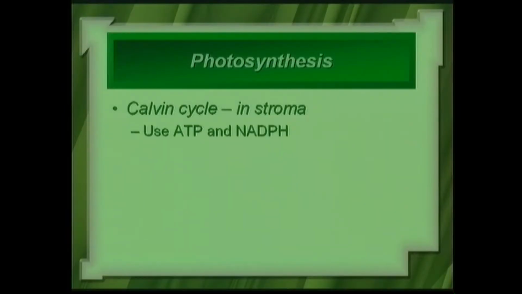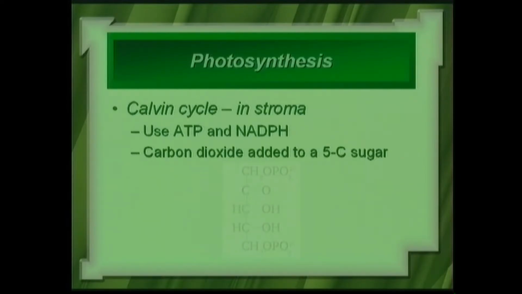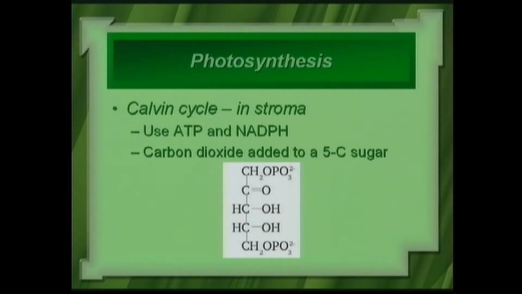So the Calvin cycle itself happens in the part of the chloroplast known as the stroma, right? Here you have the use of ATP and NADPH, also carbon dioxide added to a 5-carbon sugar. Here's a diagram of a 5-carbon sugar.